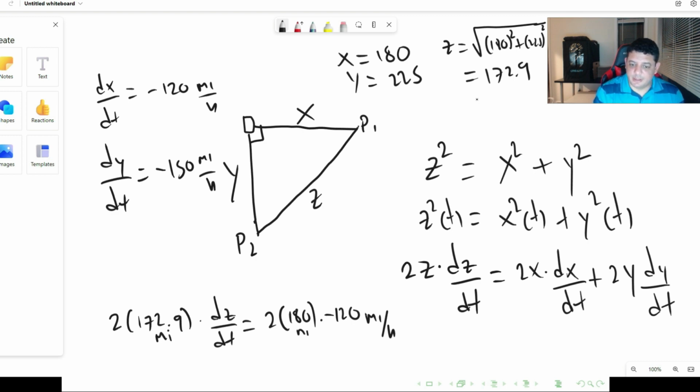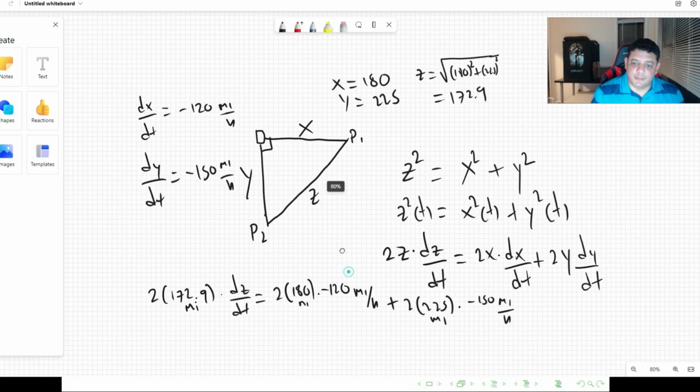Okay, and so plus 2 times 225, and then minus 150 miles per hour, and this is miles as well.